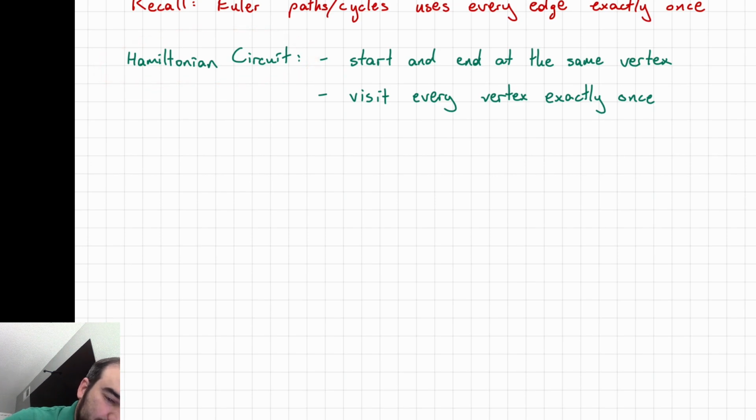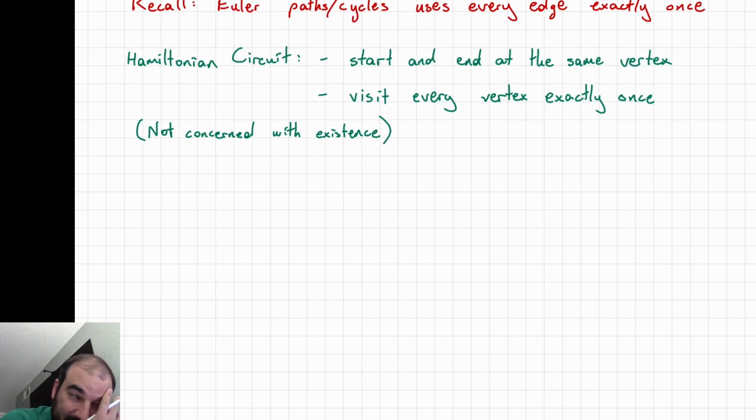So let me make a note of that. We're not concerned with existence. We don't really ask the question of, is there a Hamiltonian circuit on this graph or is there not? Mainly because there's no nice theorem for saying whether there is or isn't a Hamiltonian circuit.